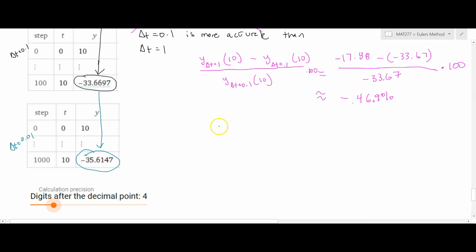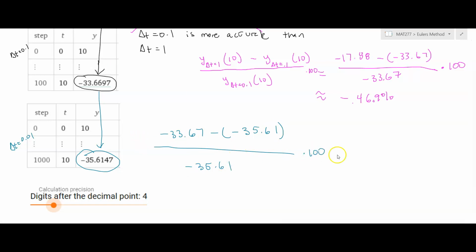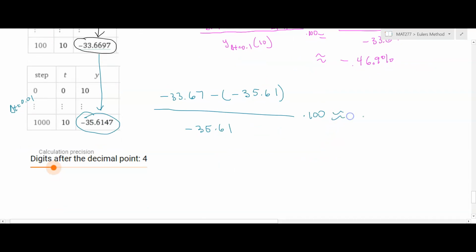I'm going to spare all the notation here, and so I know that my estimate, or the less exact of the two estimates, is the negative 33.67 minus the more exact one, which is negative 35.61, divided by the more exact of the two, multiplied by 100. So now I come up with negative 5.45%. So we're still below, right? These mean that our estimates are underestimates.